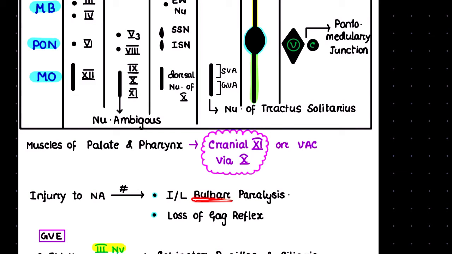So there will be ipsilateral bulbar paralysis, the tongue will be spared, and there will also be loss of the gag reflex.